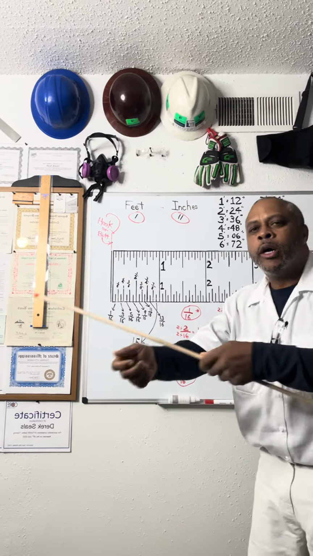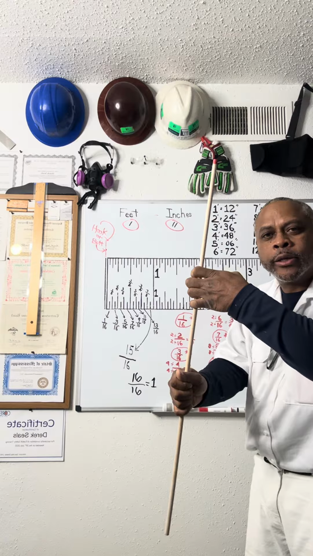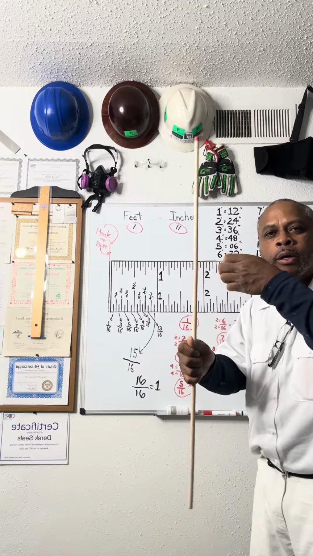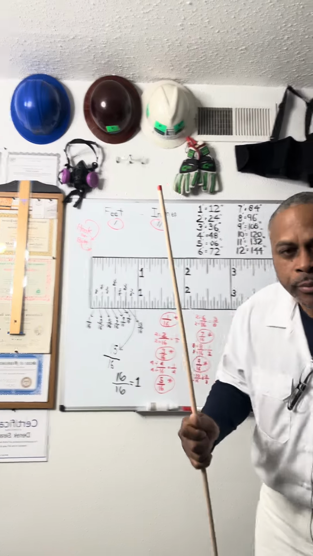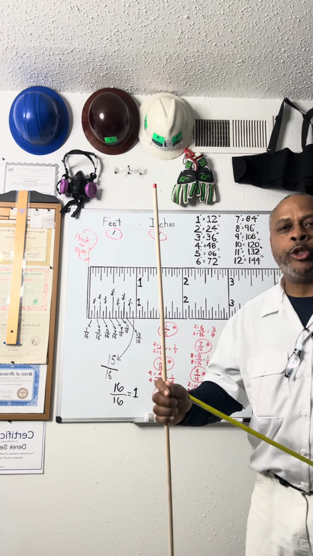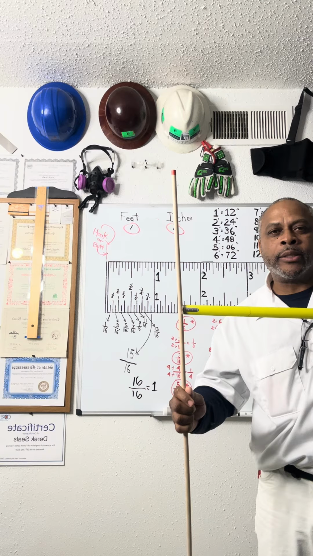Remember we went over hooking and butting. Hook, butt. Hook, butt. That's what the measuring tape is going to do for you. It's going to hook. It's going to butt.